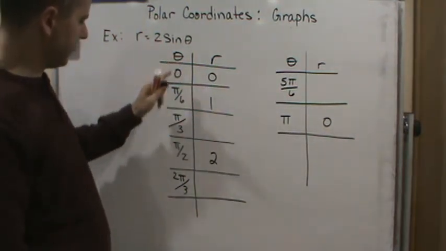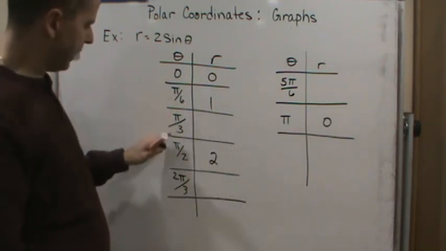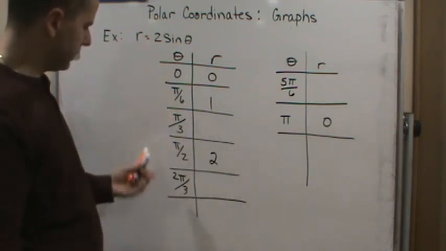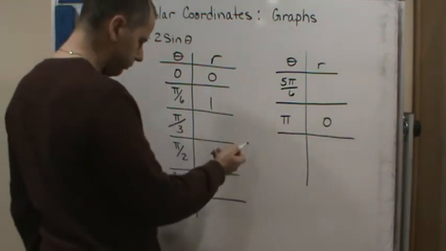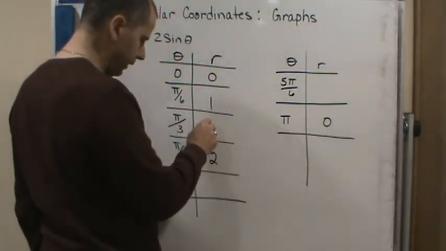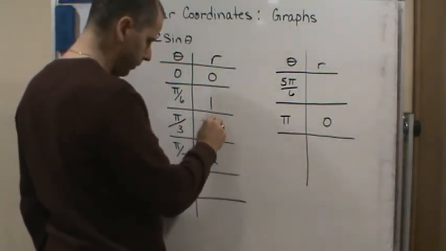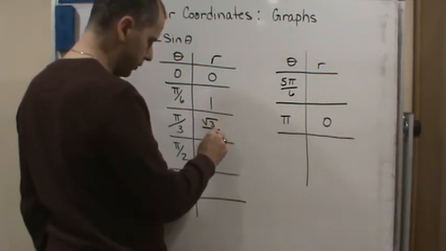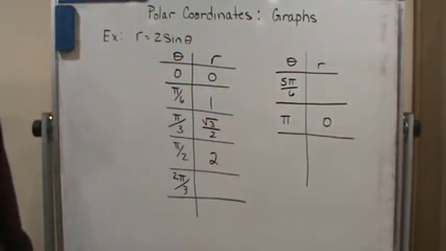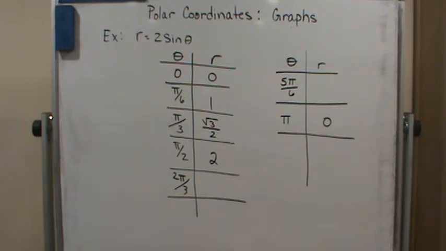And then what about the sine of pi over 3? So that's a sine of 60 degrees. And the sine of 60 degrees is going to be square root of 3 over 2, which is going to be bigger than 1, but less than 2. So approximately 1.73.